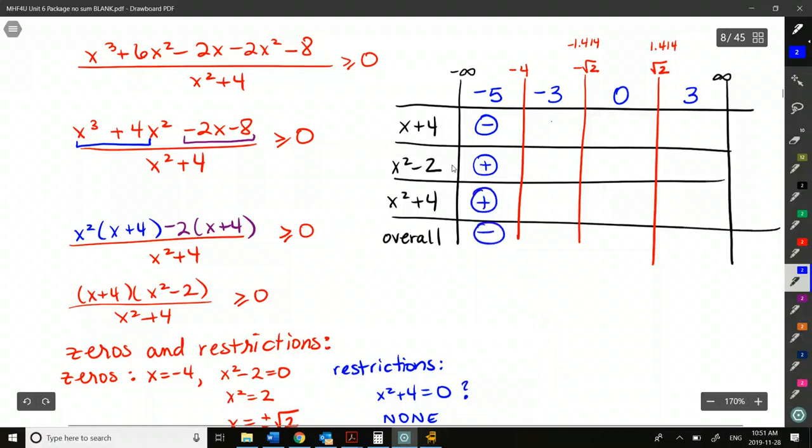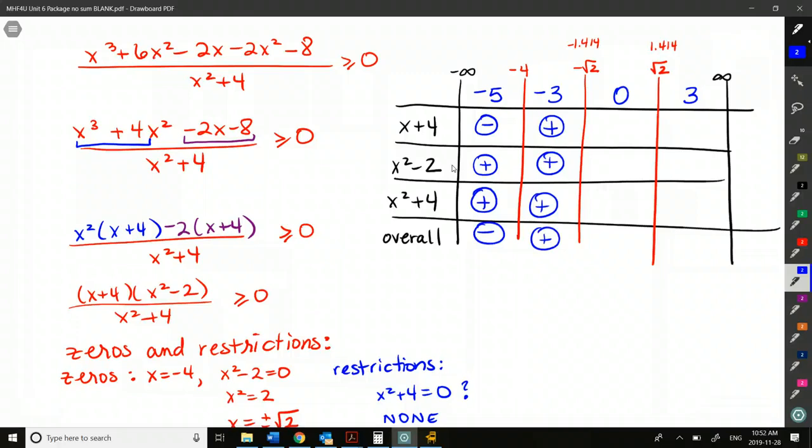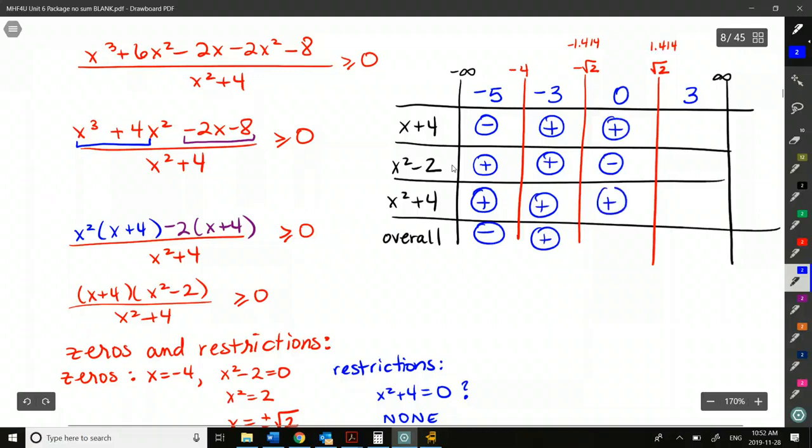Okay, and then negative 3, we get positive, positive, and a positive. So overall, that gives us positive for our graph. For 0, we will get positive, negative, and positive. So overall, we'll have a negative section of the graph there. And then positive, positive, and positive again. So we'll have a positive section of the graph.